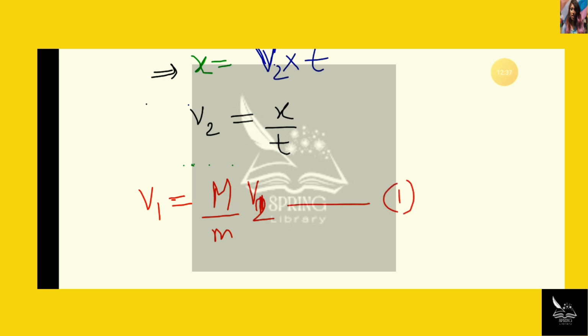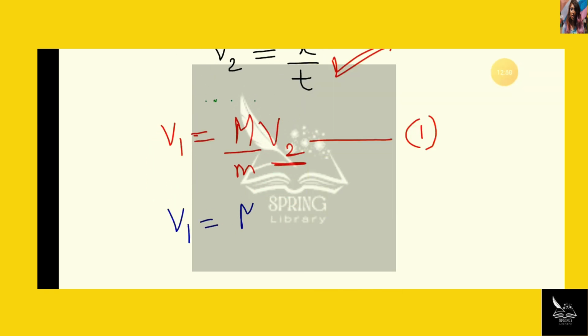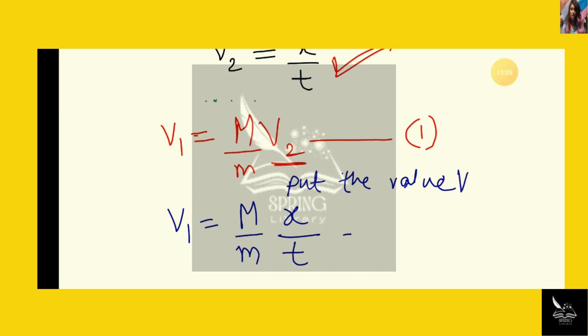Now the next step is to substitute the value of v2. So it will be written as v1 equals capital M over small m, times v2, which is x over t. So here I put the value of v2 in equation number 1, and then I will get v1 equals capital M over small m times x over t.